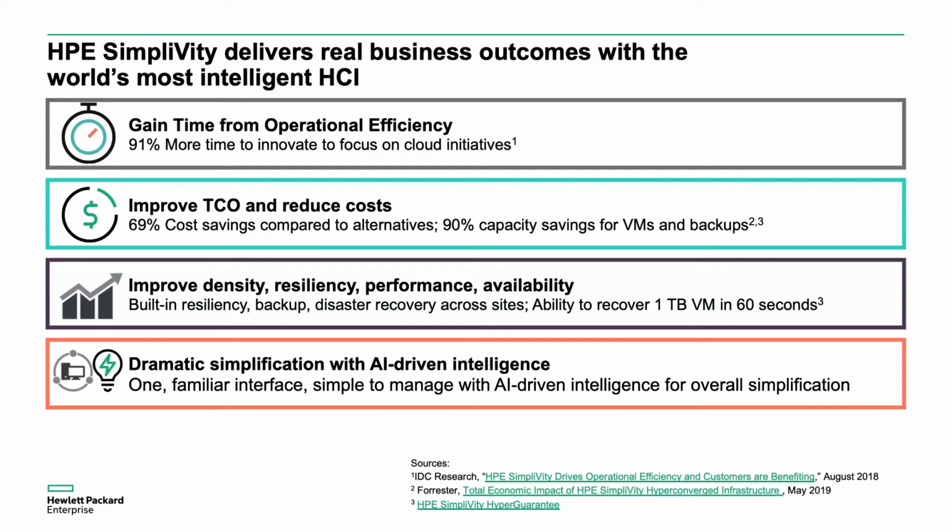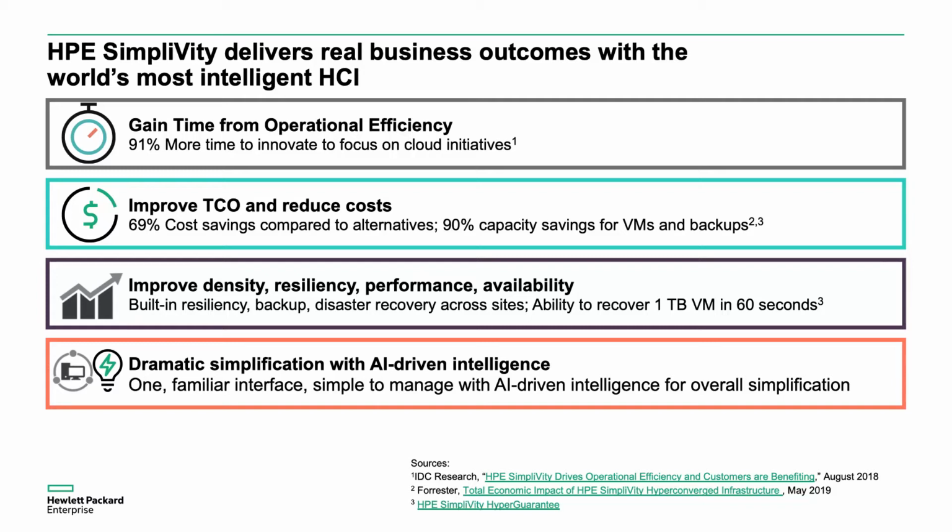So just in summary, before the demo, with HPE SimpliVity, we posit we're delivering the most intelligent HCI on the market now with InfoSight, coupled with the power of what we have, allowing customers to gain time back, 91% time now, it's only going to get more with InfoSight.